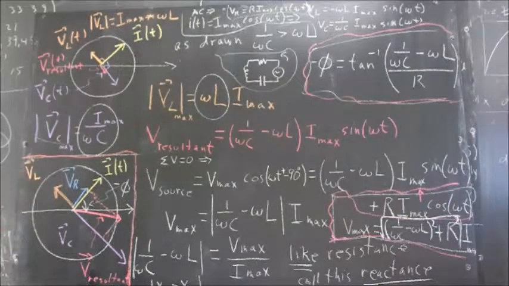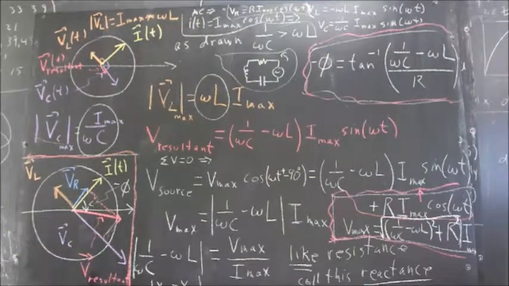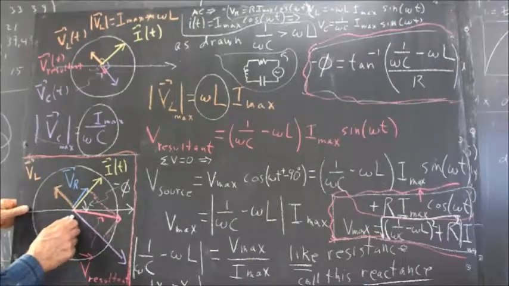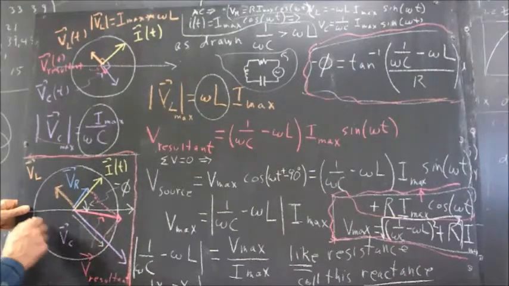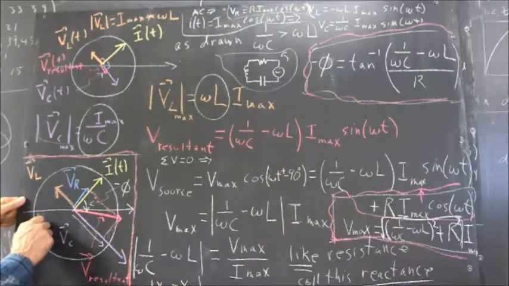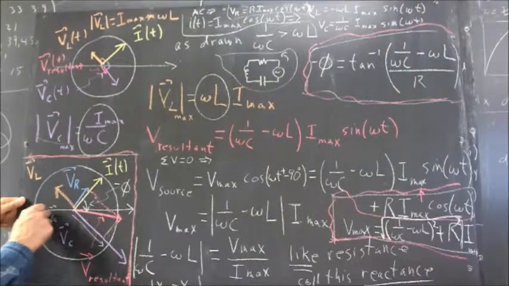Now, according to this diagram, the inductor and capacitor voltages add up to about this. So I'm going to let this little arrow be your VL plus VC vector.